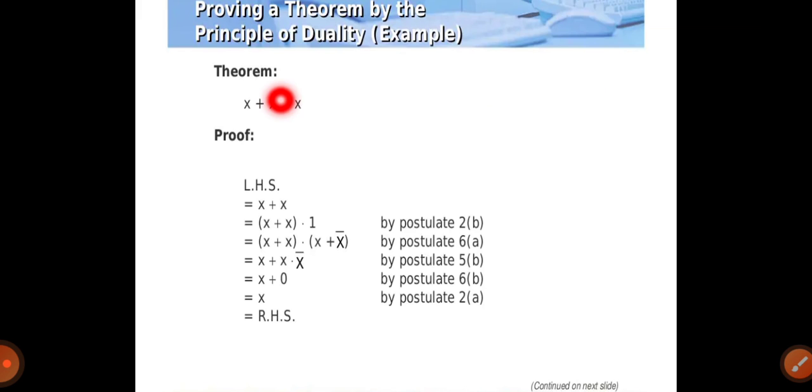X plus x equals x. X plus x into 1. X plus x into x plus x bar, we have to take that one. This year you have to look at the multiple choice questions. X plus x equals x. Why? The x plus x equals x.